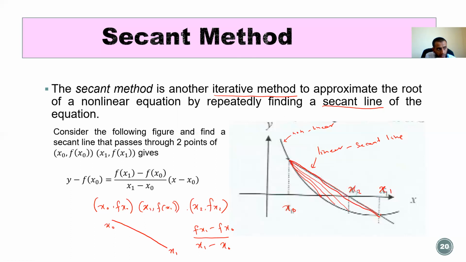Then we have another line over here, from x0 until x2. Since it is the same line, the gradient will also be the same. So you can write again (f(x2) minus f(x0)) divided by (x2 minus x0).